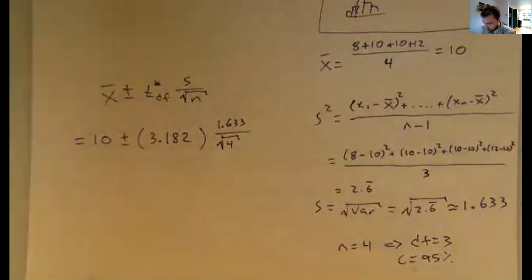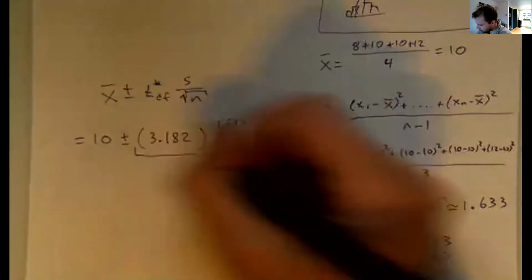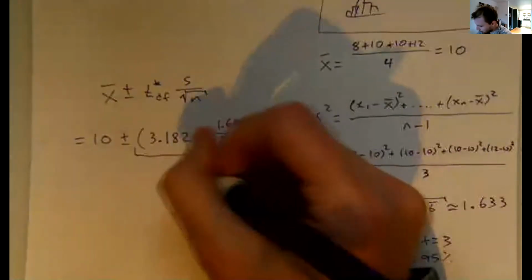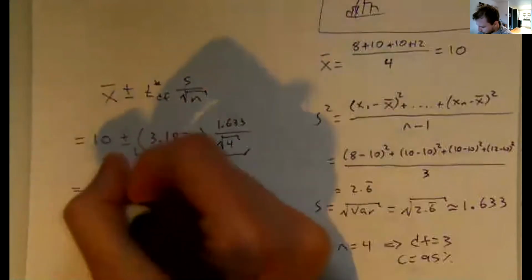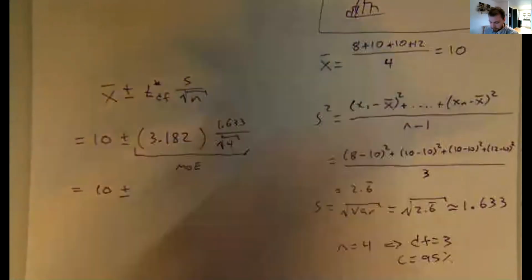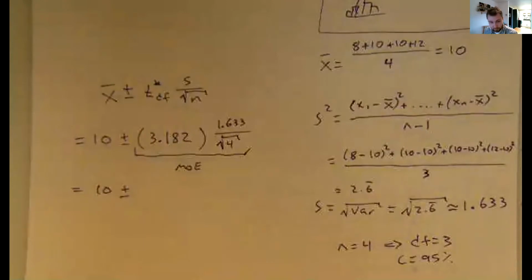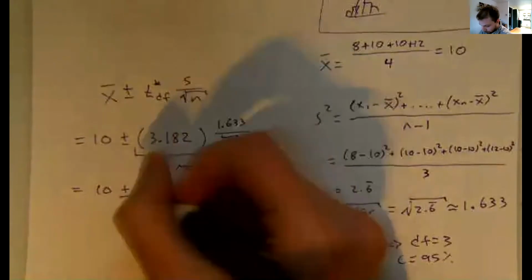And out of curiosity, I'm actually going to type in the margin of error on its own because I'm really curious how much it varies. So I think cats weigh 10 pounds on average, give or take whatever this monstrous number is going to be.